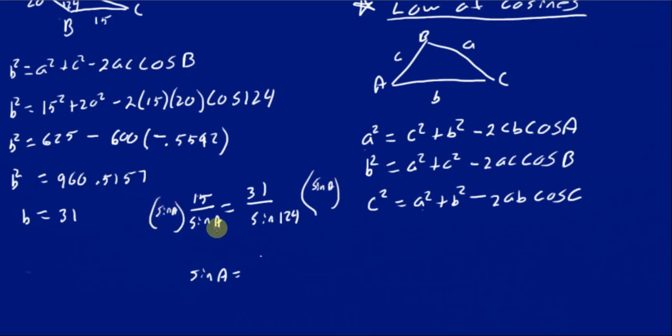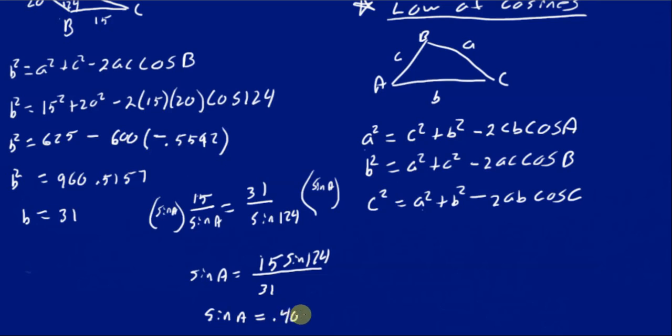Right, they cancel out here, leaving 15. And I'm going to have to divide both sides by 31 and multiply both sides by the sine of 124. So take the sine of 124, multiply it by 15, and divide by 31. You should come up with the sine of A is equal to 0.4011.